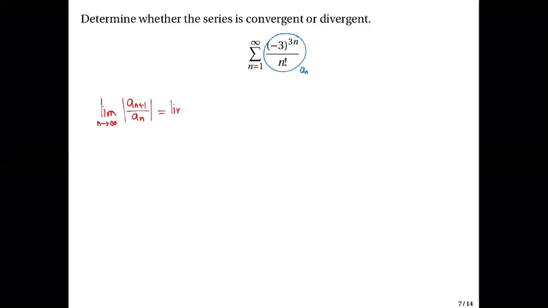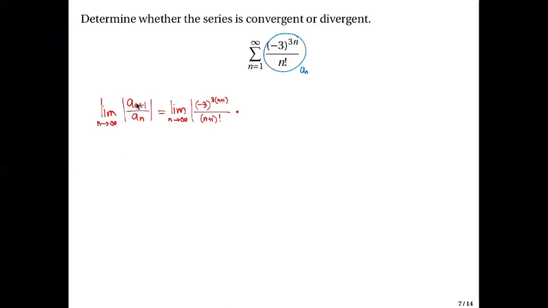The limit as n approaches plus infinity of the absolute value of A sub n plus 1. So you replace your n by n plus 1. So you will have negative 3 raised to 3 times n plus 1 divided by n plus 1 factorial.